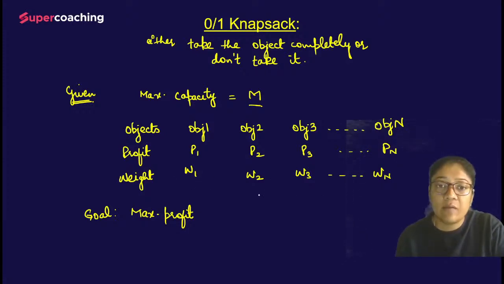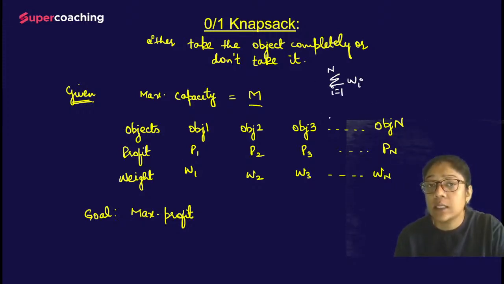So we need to select a few objects from the given set of objects. The problem is that the sum of the weights of all the objects, where i goes from the first object to the nth object, is greater than the maximum capacity of the knapsack. This is the biggest problem.